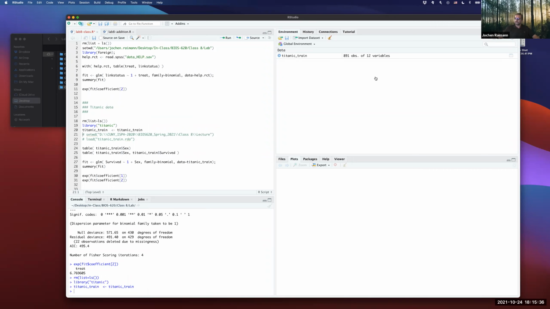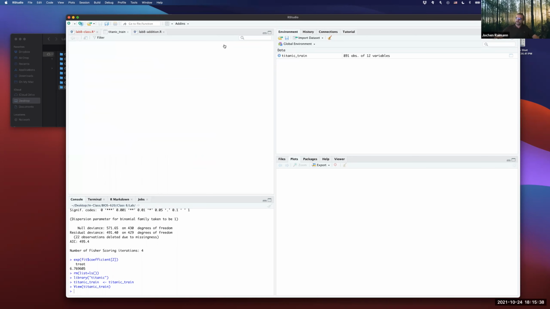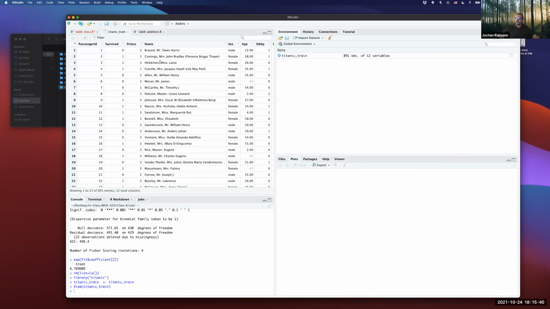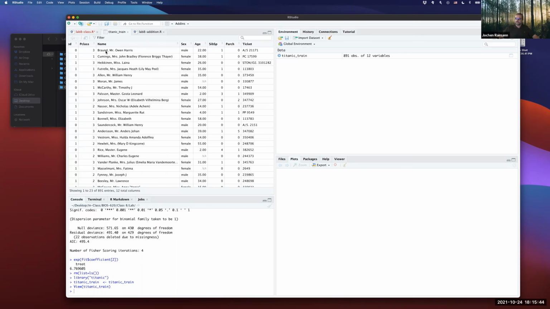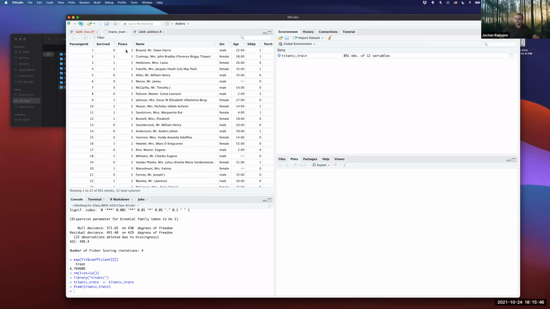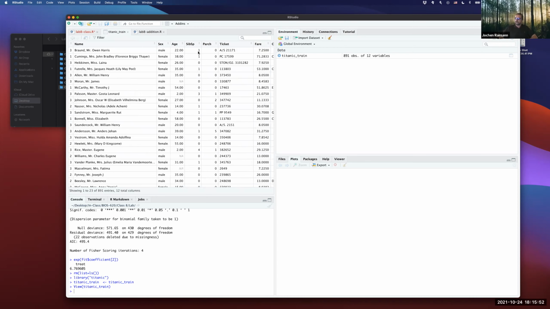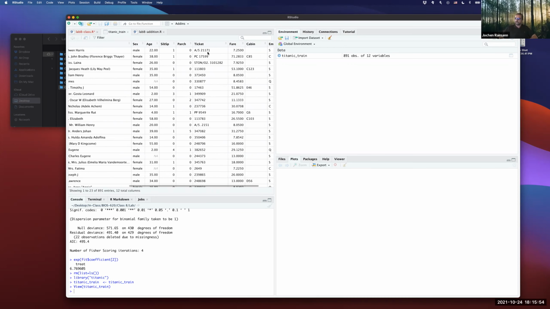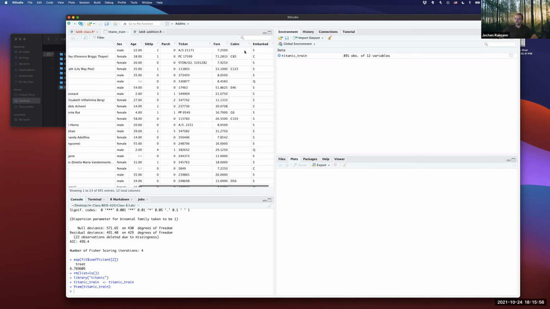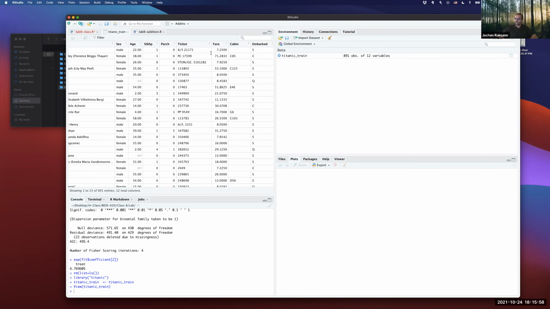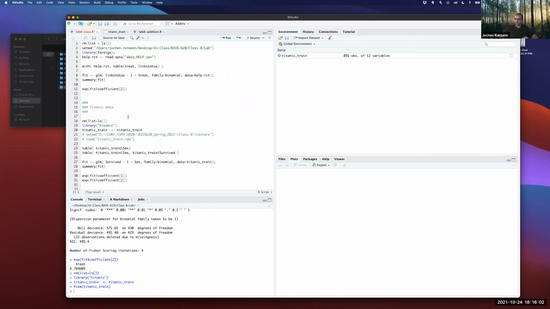If you look at it, you will see the passenger names, passenger ID, survived yes or no, the class the individual was traveling in, sex, age, siblings, ticket numbers, fares, how much they paid for their fare, embarked, and the cabin, in which cabin they actually were.